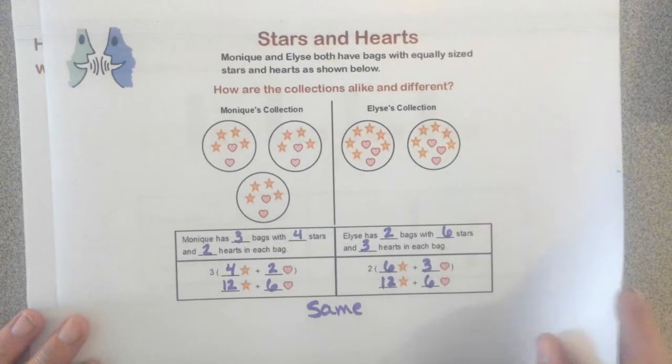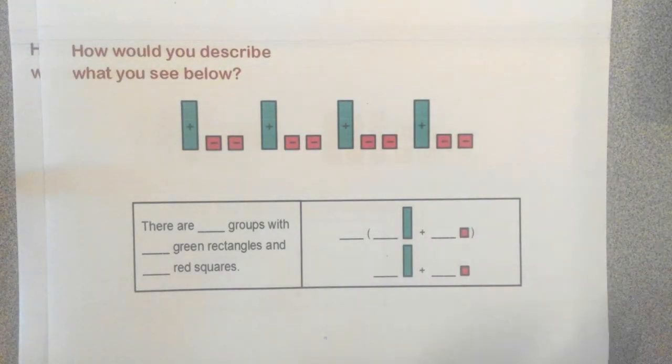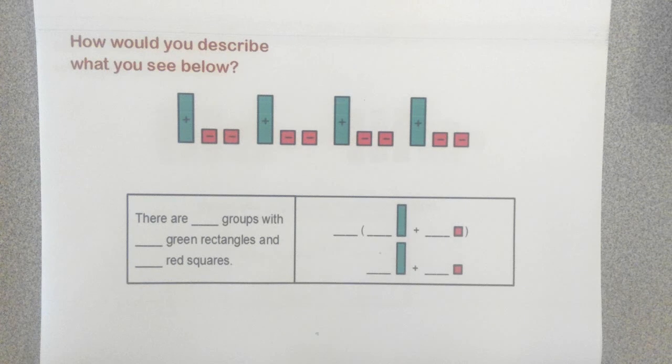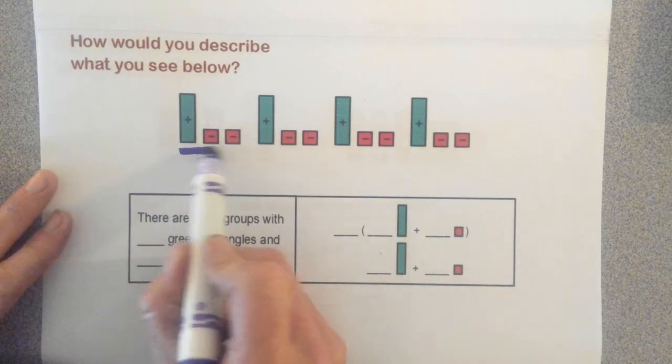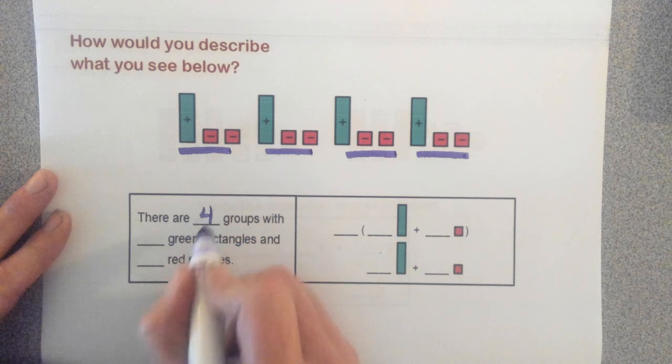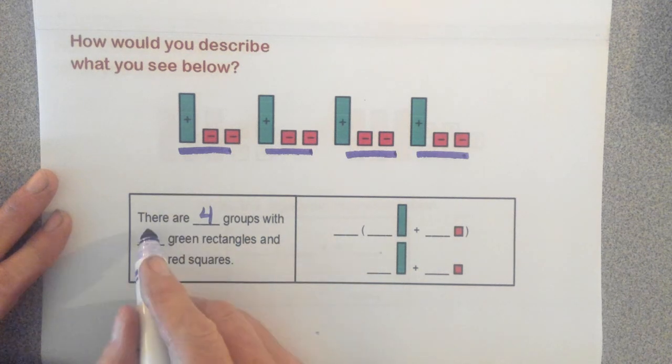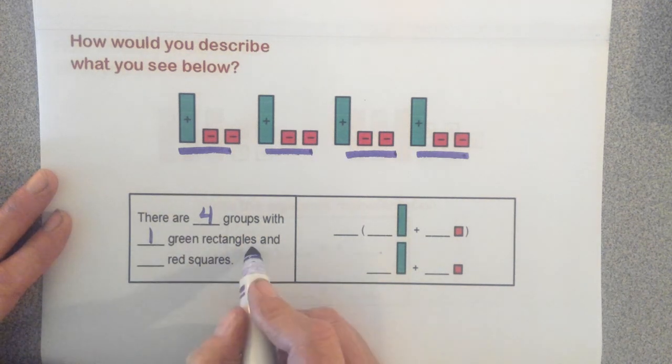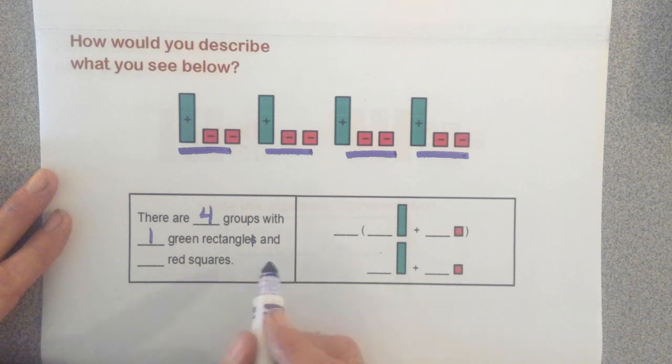Okay, let's take a look at this one here. How would I describe what I see below? I see Christmas colors. I wish. Now, I'm going to count the groups. There's 1, 2, 3, 4 groups. And in each group, there's 1 green rectangle and 2 red squares.